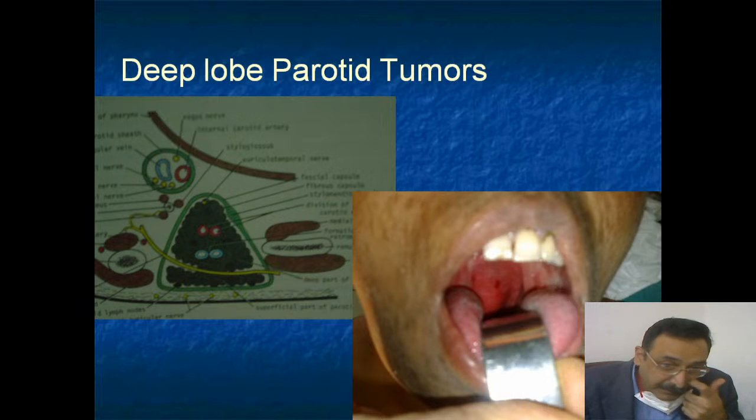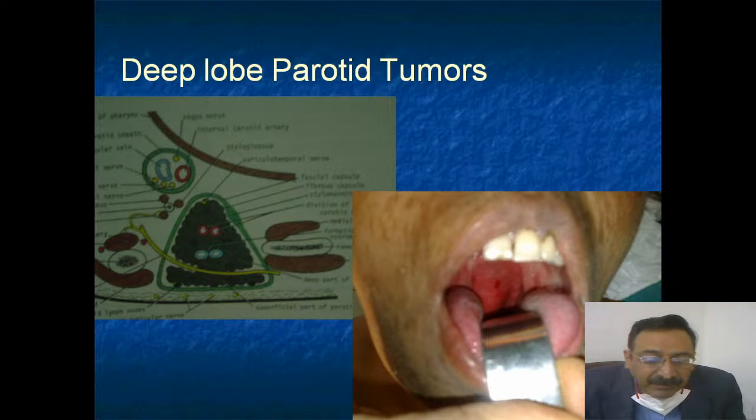And you also know that there is no real compartmentalization from the anatomical or embryological point of view. But we call it so because anything that is superficial to the facial nerve we call superficial lobe, and anything that is deep to the facial nerve we call deep lobe tumor. The reason for that is entirely surgical convenience and the degree of surgical difficulty and the surgical morbidity that you get with the excision of such tumors.